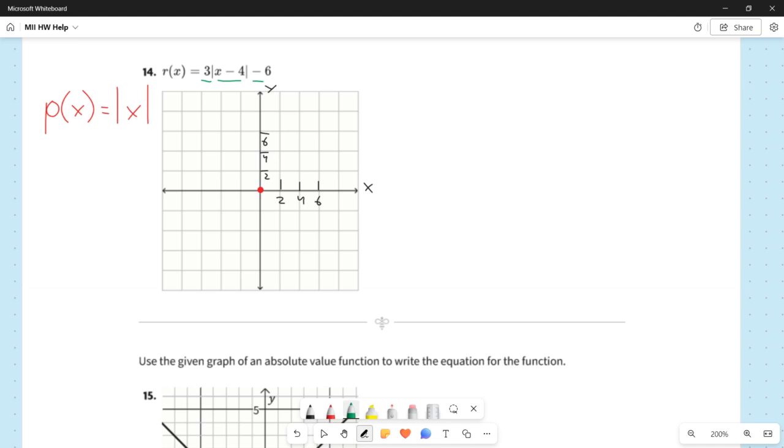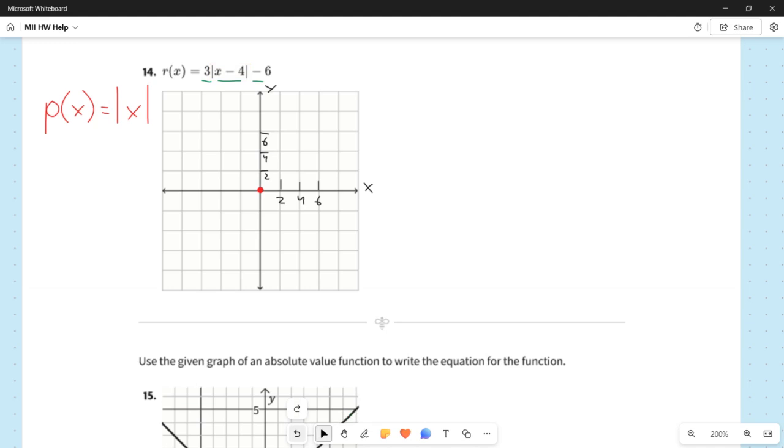That 3 is going to impact every other point, but the vertex is unaffected. The reason is that at the vertex, the absolute value piece becomes 0, so it doesn't matter what the coefficient is, because anything times 0 is 0. We're going to ignore the 3 for now.